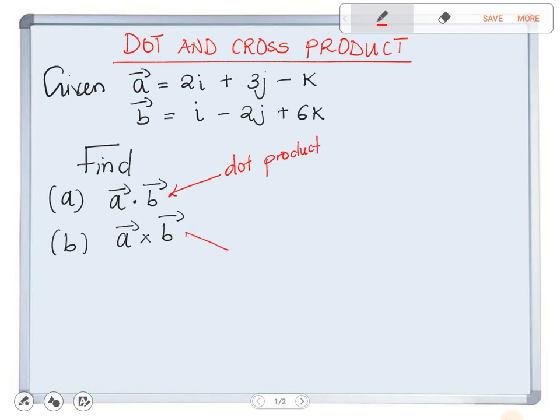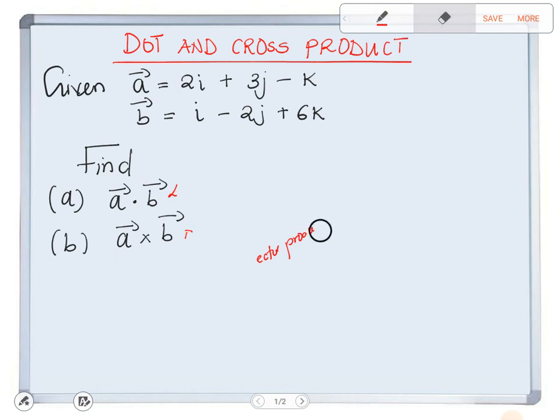While this one, we call it A cross B. This one is a cross product. The other name for a cross product is a vector product. So don't get surprised when you hear dot product, cross product or vector product, they are just the same. So now, how do we work this out?